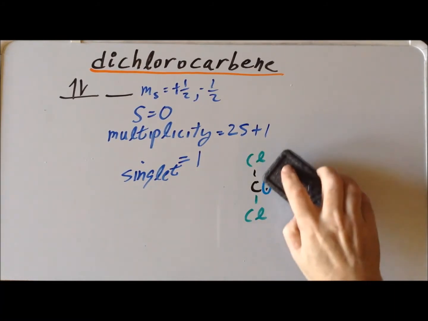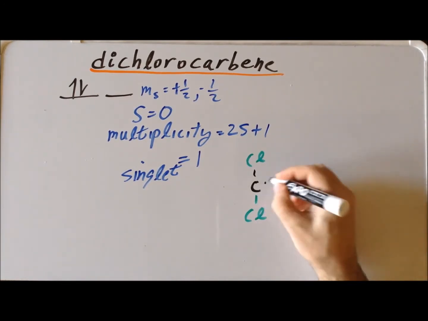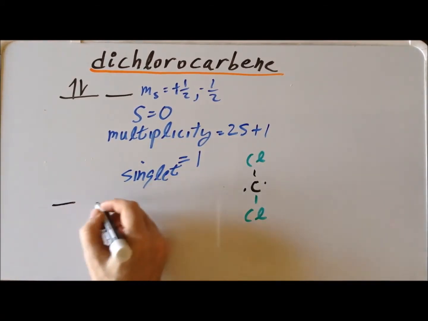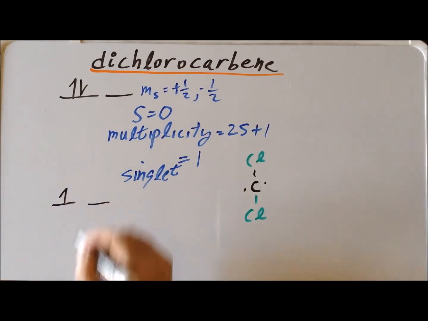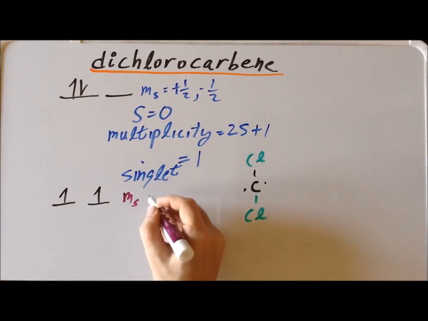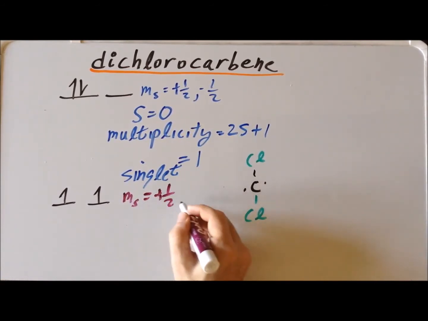On the other hand, it is possible to form dichlorocarbene in such a way that we have the two electrons not together, as in two different orbitals. And we can represent that particular state by having an up electron in the first orbital and an up electron in the second orbital. So in this case, the m sub s values of the electrons, because they're both up spins, are plus 1/2 and plus 1/2.